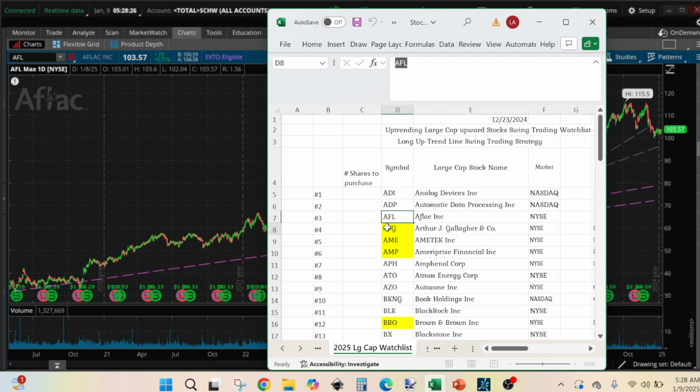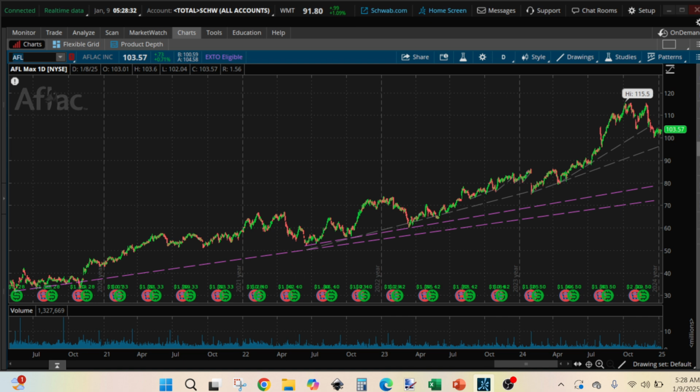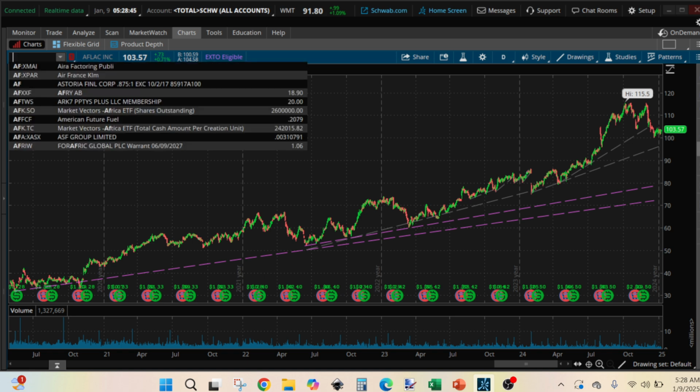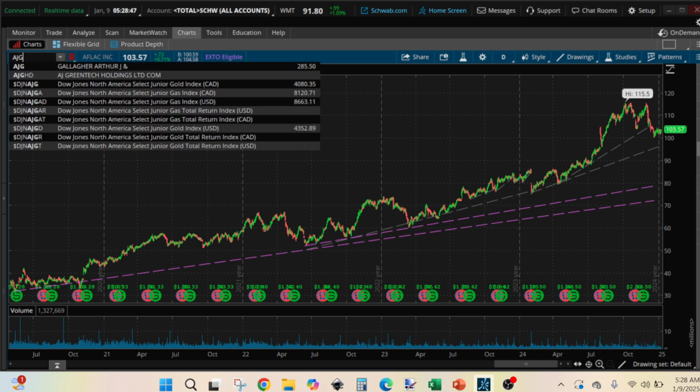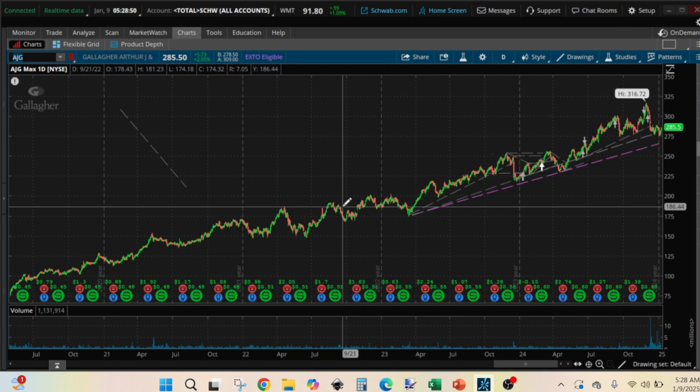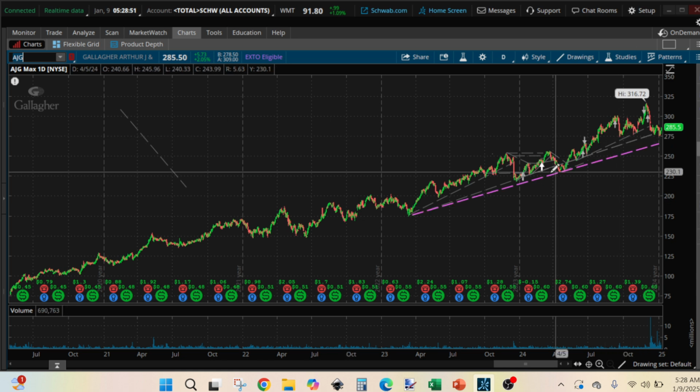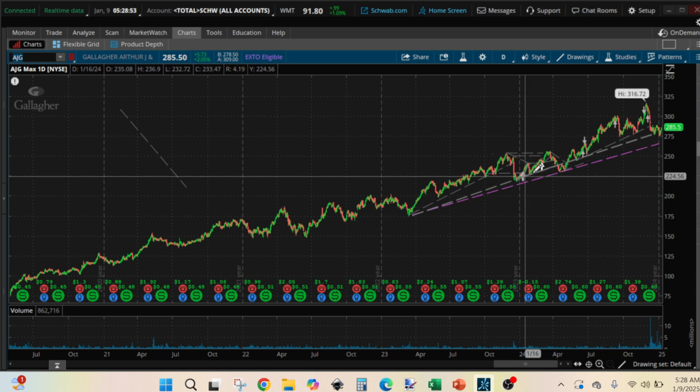Those three, we purchased them and we have them in our portfolio. We have not sold them yet because after we purchased them, their price went down. Therefore, they are in our portfolio until they become positive for us to sell them. So the next one is AJG, and for AJG, the arrows are showing where we bought in the past.